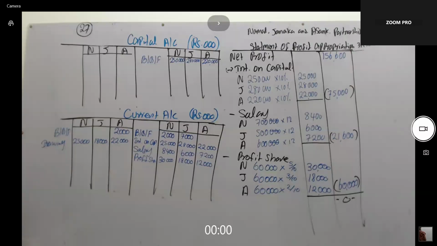All the appropriation parts: appropriation account debit, partners' current account credit. Right now, adjust the goodwill of the partnerships.